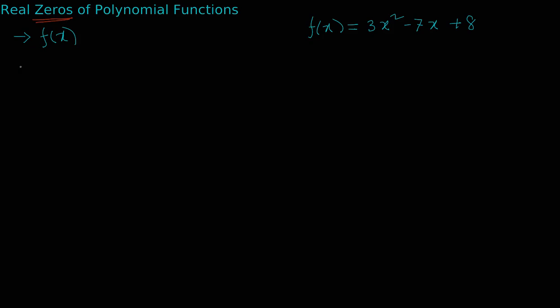The zeros of a polynomial function are the values of x for which the function of x equals 0. This is one definition. Also, another definition: the real zero of any polynomial function is basically the x-intercept.